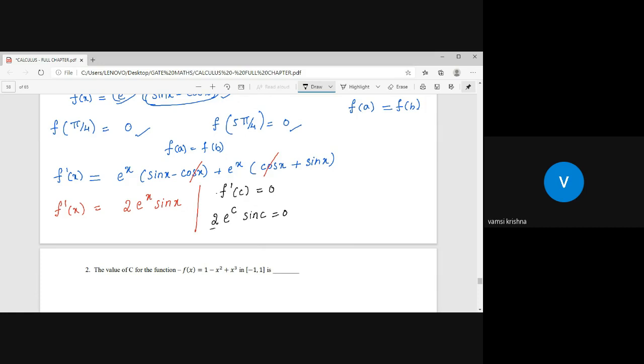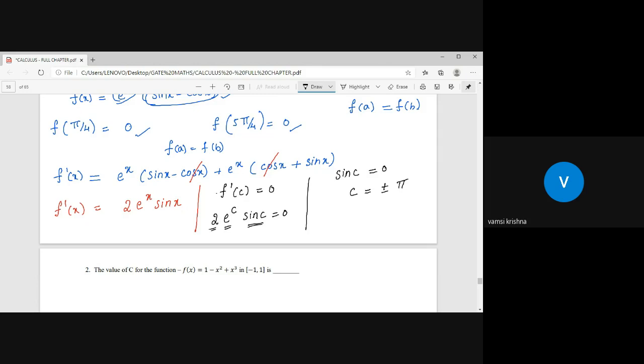So 2 can't be 0. E power c can't be 0 because c cannot be infinite. The only possibility is sine c can be 0. Sir, the only possibility I want to write here. So sine c can be 0, which is possible for c equal to plus or minus pi.